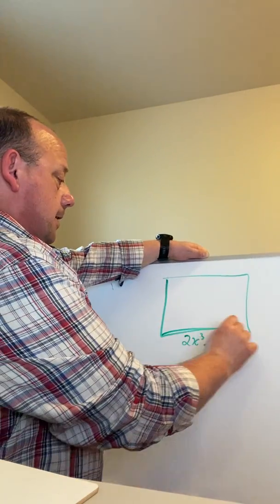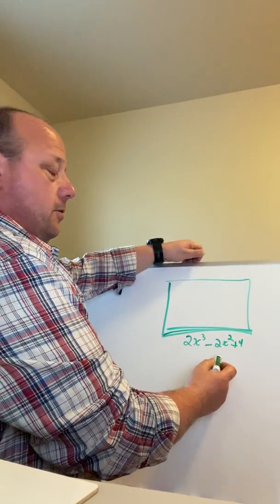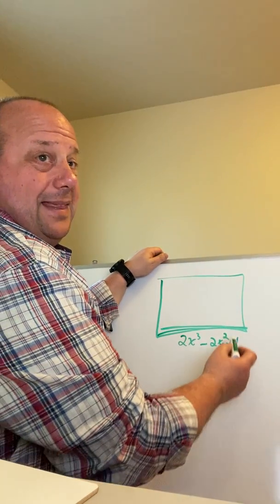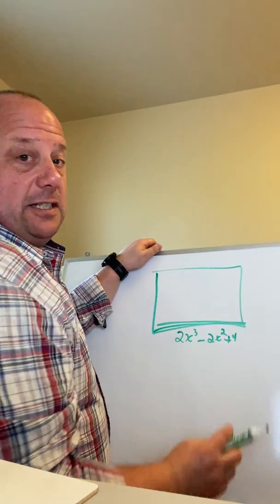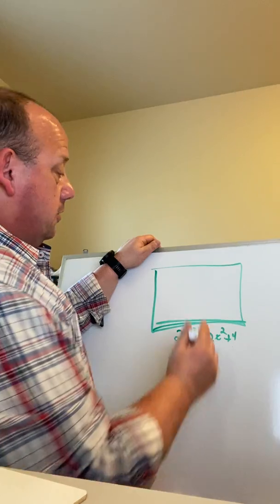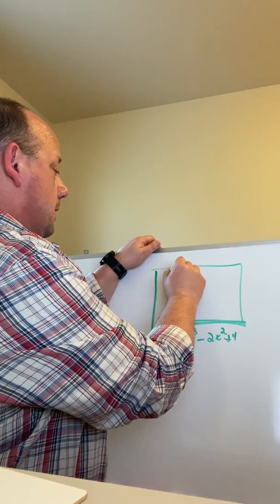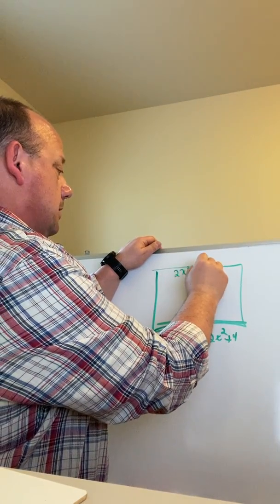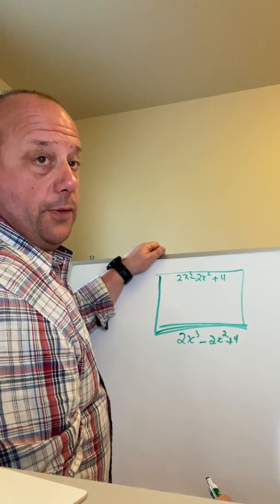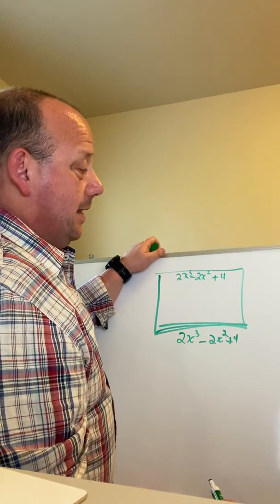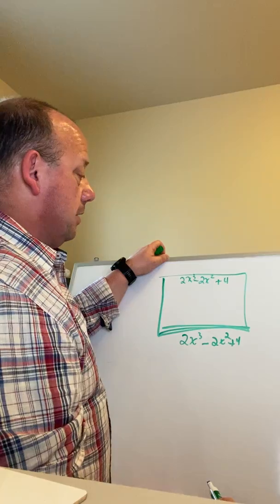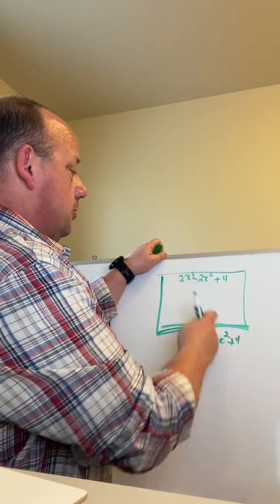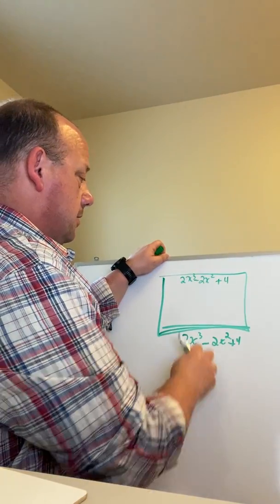Well, if they tell us that this is 2x to the third minus 2x to the second plus 4, that means the top has got to be the exact same value. So these are both 2x to the third minus 2x to the second plus 4. That shouldn't be too difficult to figure out. If we know that these two are the same, just combine them.